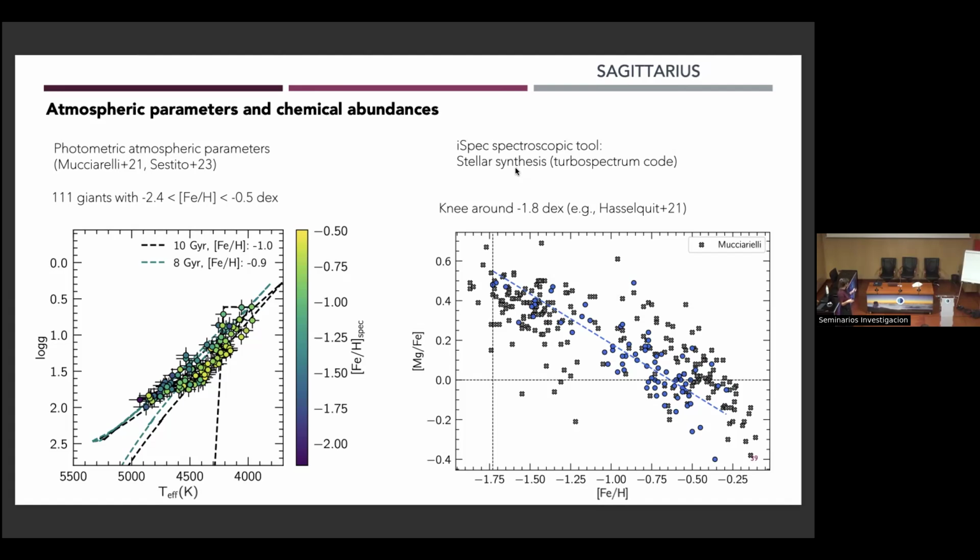This is one of the first plots that I did, where I measured magnesium. Differently from the work of Federico that was looking at lower metallicity, now we see a knee, and that is comparable with another high resolution work in the literature from Mucciarelli.